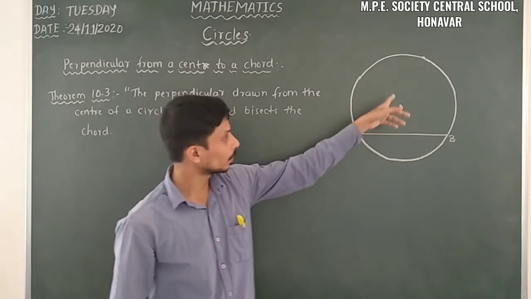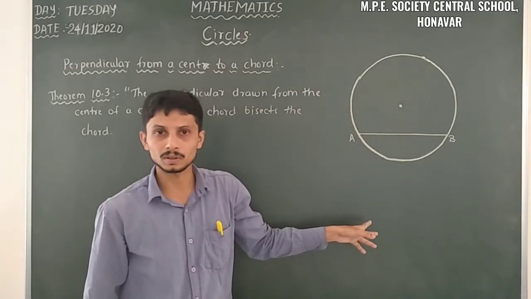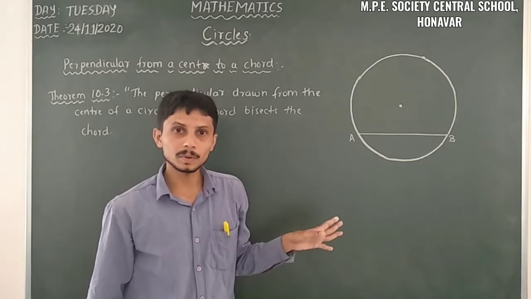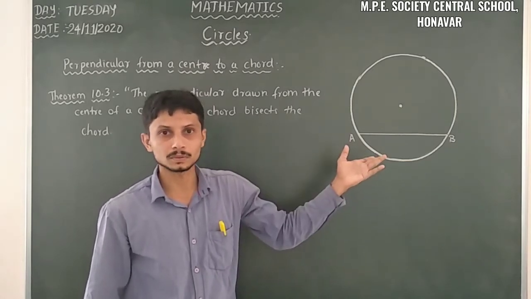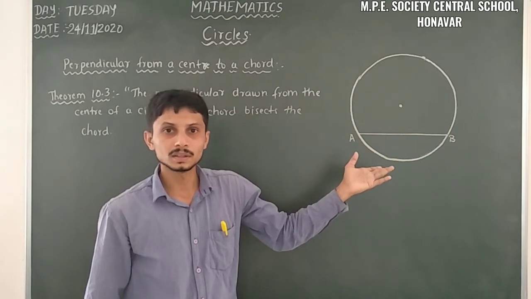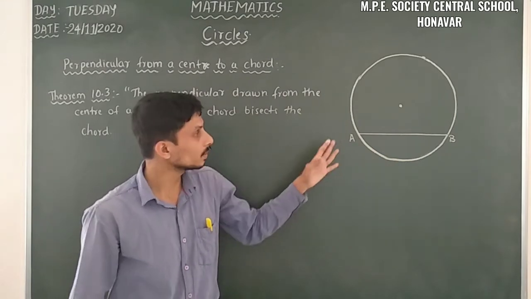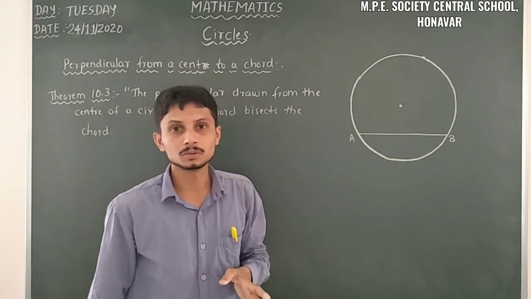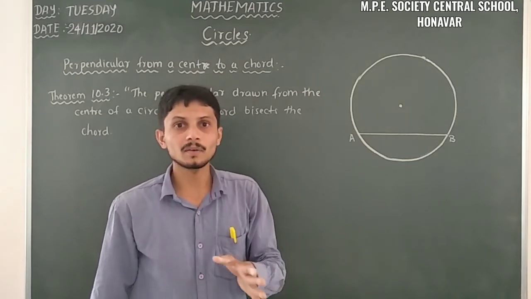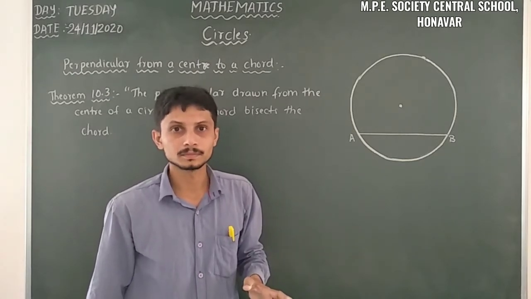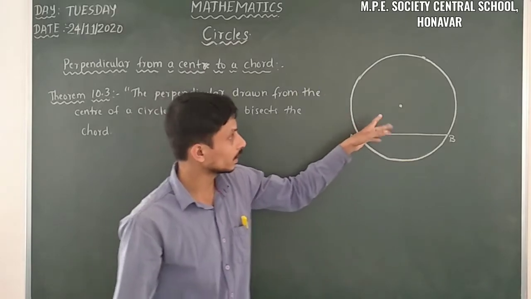Here we can draw a perpendicular. But remember, here there is no need of a proof, so we can take the activity. In your textbook there is an activity here. So how can we do that?